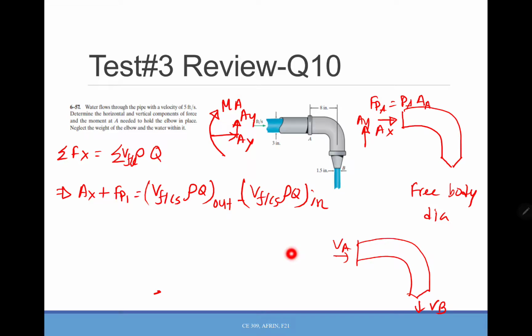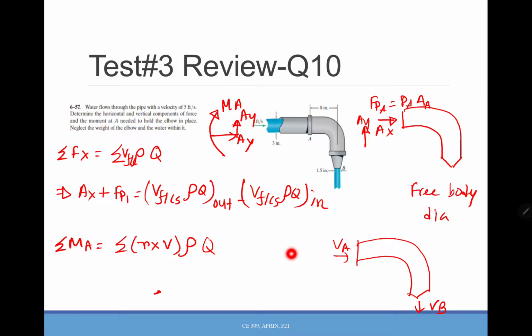And for the moment, that should be the summation of this one. You have one inlet, one outlet, and you're taking the moment about A. So for A, at least one force will be 0. Let's work on that.